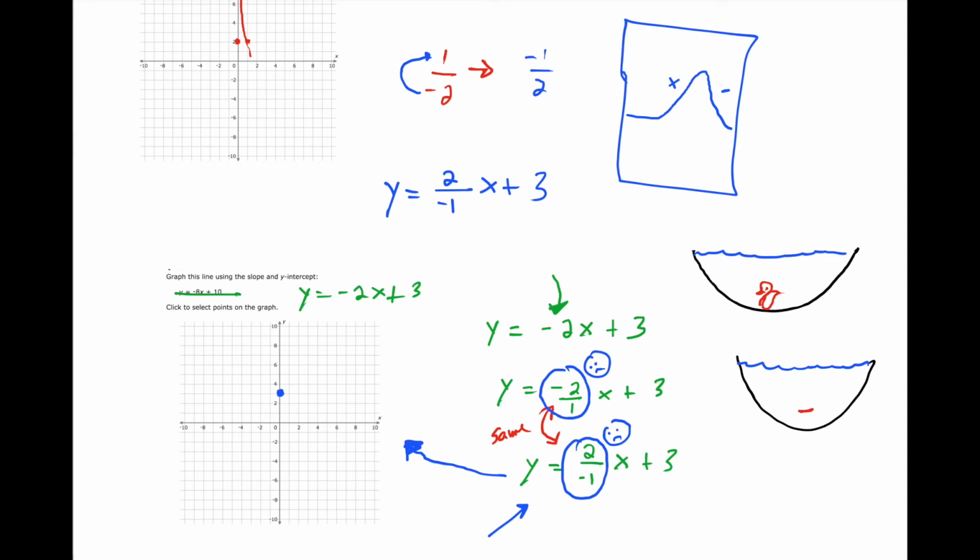Yeah, go up 2. Then what? To the left or to the right? Well, it's 2 over negative 1. The positives are all on this side, the negatives are all on this side.